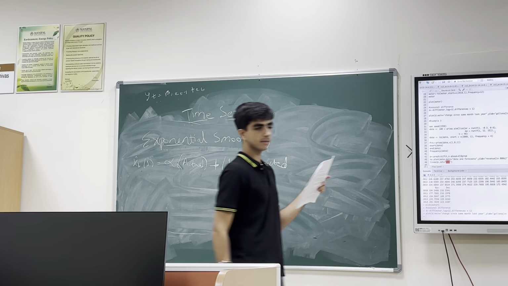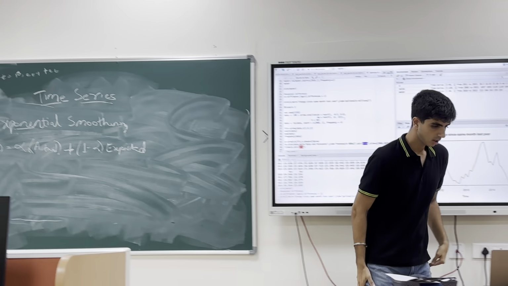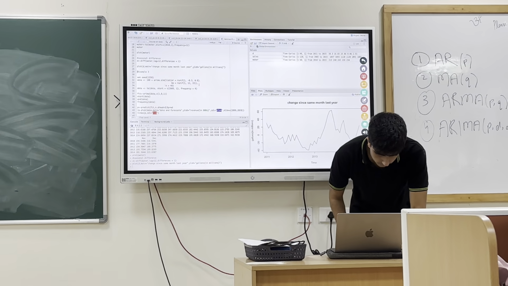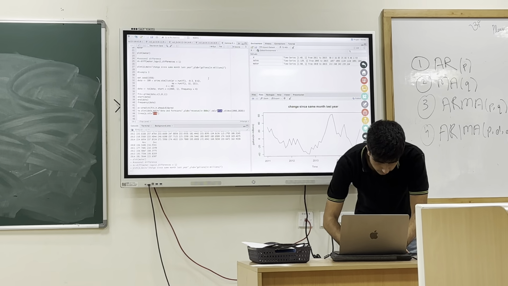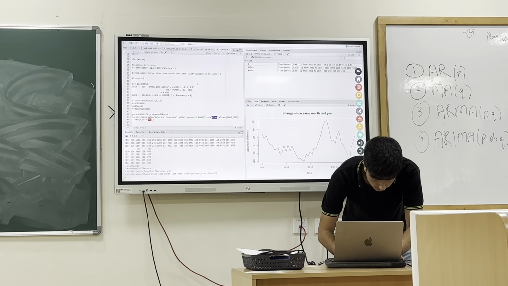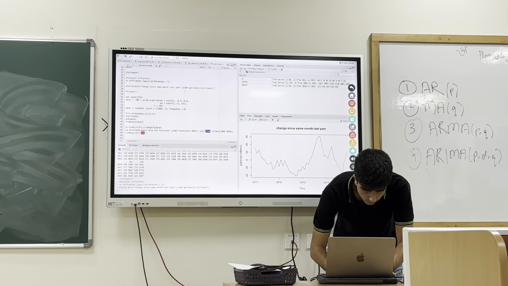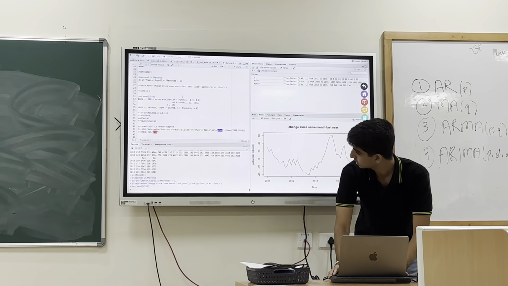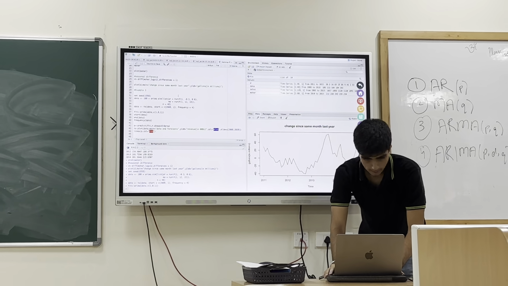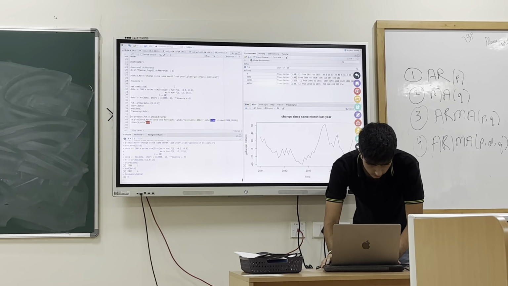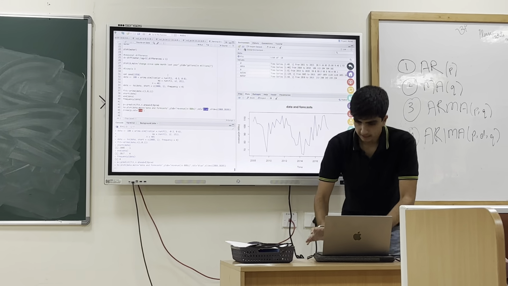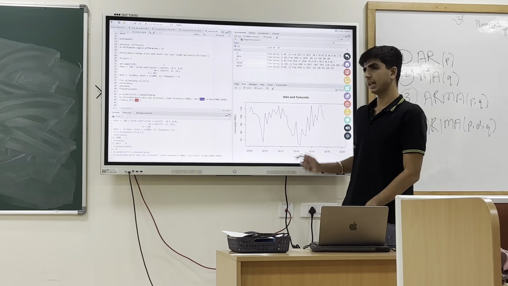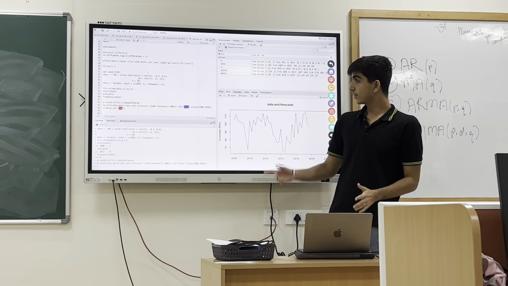Let's see that with the help of a graph. This is just a random data set. Same as before, I have plotted the values of the data set, and now we need to predict.